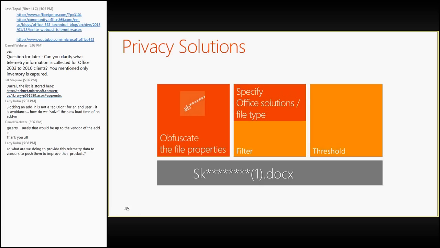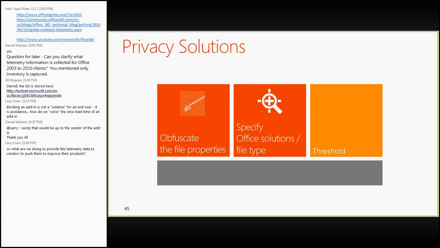Another option is the power to filter on what kinds of solutions and file types are being used. If you say, I don't really care about Word documents, I only want to know about Excel documents, we give you the power to have only the data that you want selected and to enforce that via group policy. I'll show that in a little bit as well.